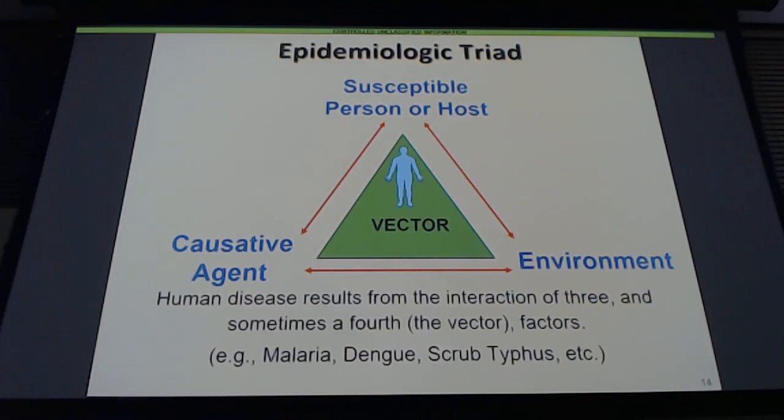And for the environment piece, it's economics, geography, education, and access to healthcare. There's a whole bunch of different things. If we understand them, we can target some interventions that interrupt that causative, susceptible, environmental condition.